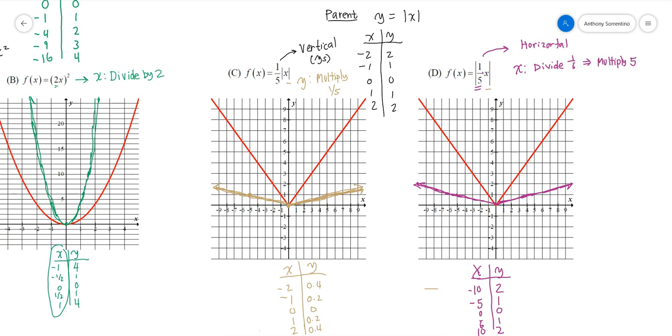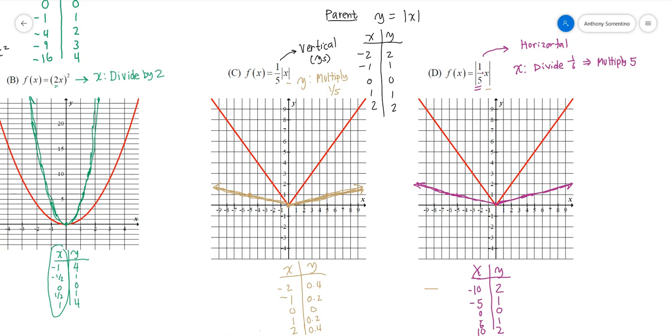And there you have those points. So again, this looks like the same thing that happened in C, but horizontal stretches will look a lot like vertical shrinks and vice versa. And that's how you tell the difference between your various transformations.